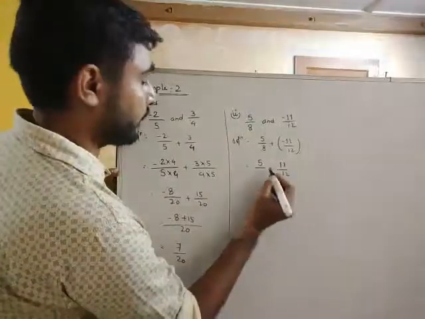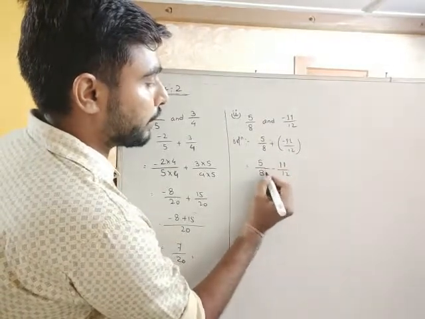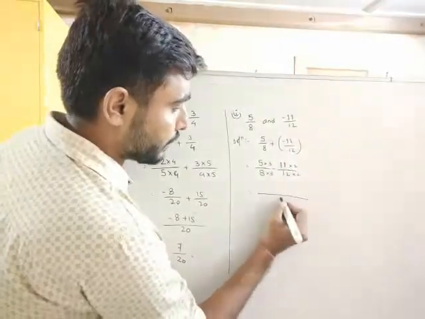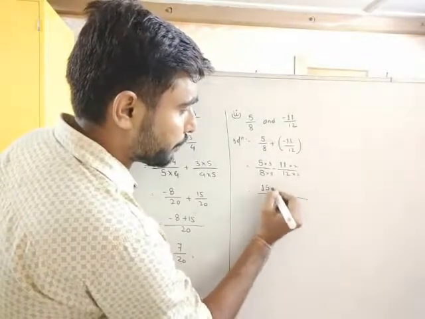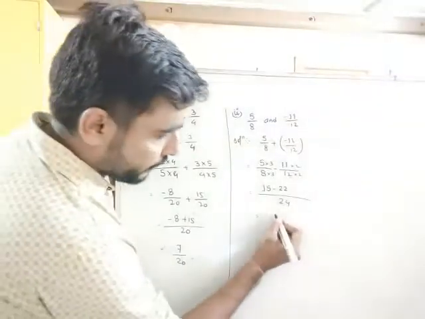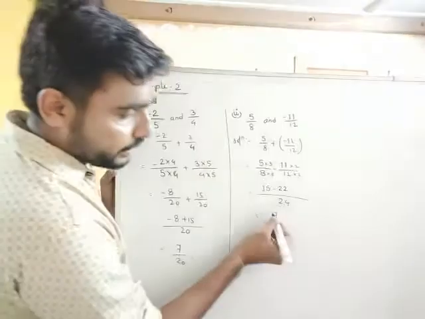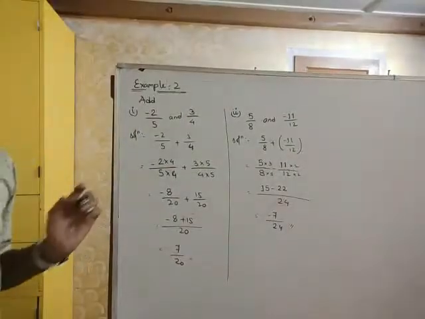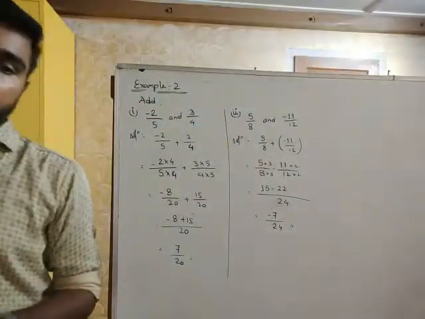Now the denominators are different, so we have to take the LCM. LCM of 8 and 12 is 24. So 8 into 3, 12 into 2. So LCM is 24. So the denominator will be 24. 5 into 3 is 15. 15 minus 22. Plus minus is minus, 22 minus 15 will give you 7, and 22 is greater. We have to see the greater number also. 22 is greater, having minus sign, so minus 7 by 24. Got it right, all of you? Any doubt?